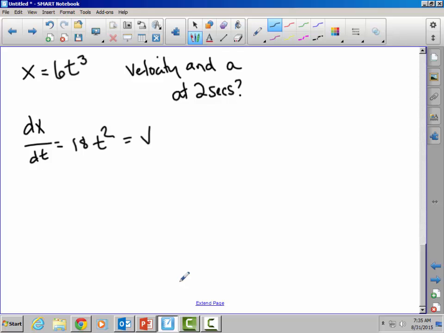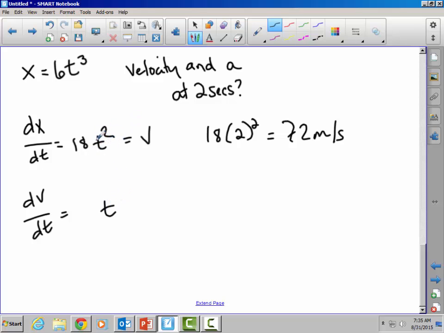So to figure out my velocity at 2 seconds, I would plug in 2. 18 times 2 squared equals 72 meters per second. Okay, so now they want us to find our acceleration. So now we're going to take the derivative of our velocity with respect to time, and 2 minus 1 is just 1, and then 18 times 2 is 36.